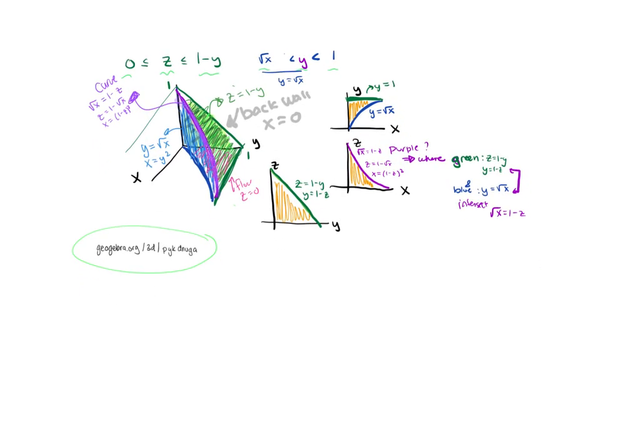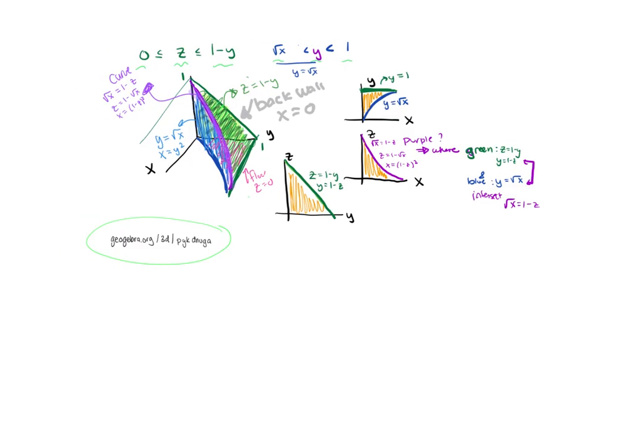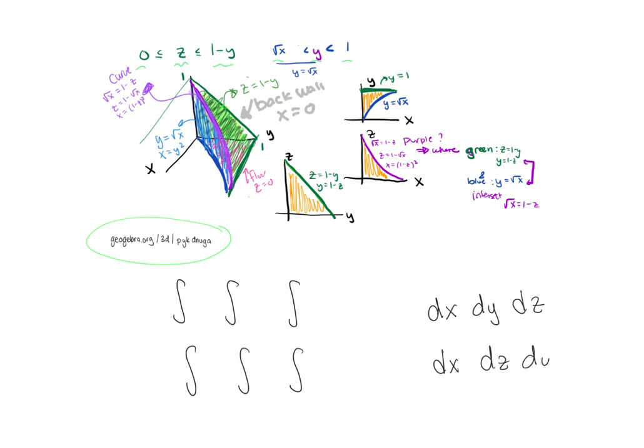Okay, so this is just what we had before. And now I'm going to do type x on this screen. Let me get my integrals all set up. We'll do dx first, and then y, and then z, or z, and then y.